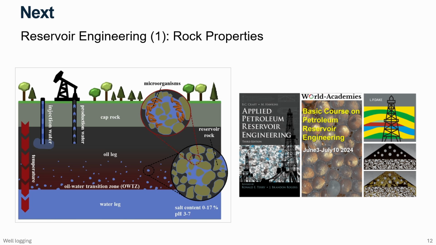So week 6 gives us the measured and interpreted subsurface picture at the well scale, and the next week we'll use those rock properties more explicitly in reservoir engineering. This is where petroleum engineering becomes increasingly predictive, from identifying the reservoir to understanding how it will perform.